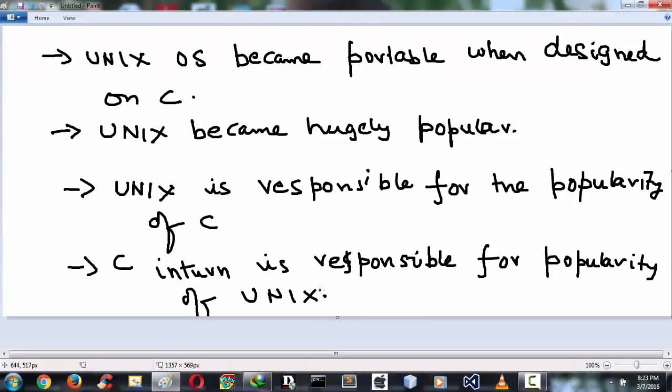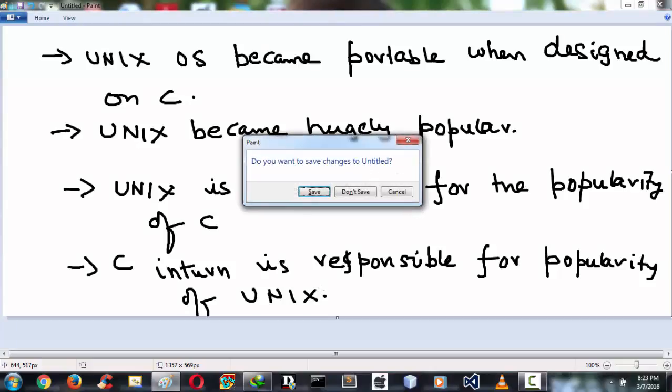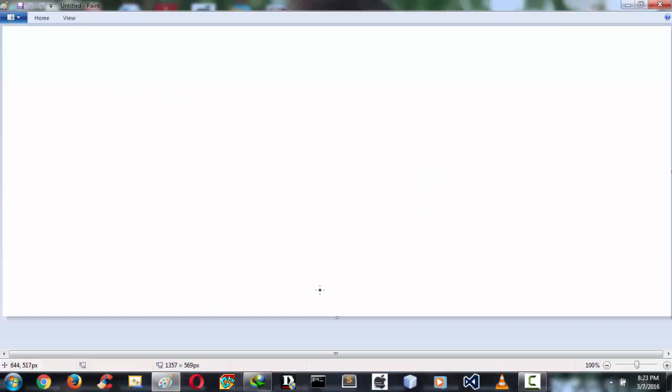So this is all about the history of C language: how it became hugely popular, and what made the birth of C language.